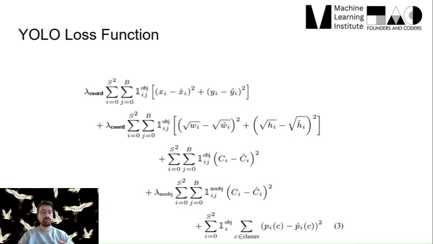And for those that are saying there is no object, we multiply that by a lambda, which is usually very small, about 0.5. That's why the loss due to all these no object predictions is reduced, and its impact on the loss function is reduced, and that helps with stabilizing the algorithm, or the gradient descent, in calculating the loss.